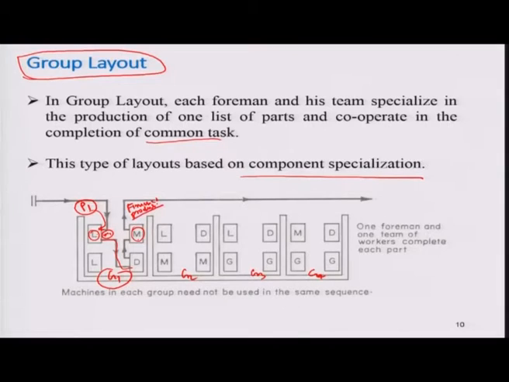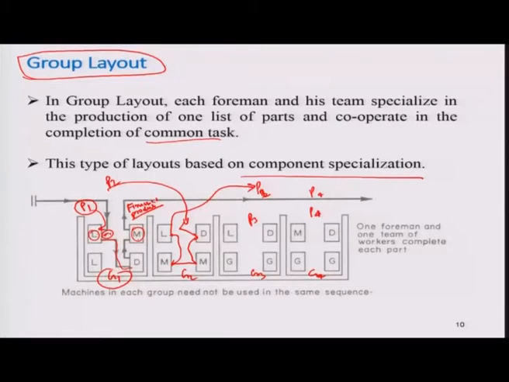Here again part P2 will enter this place like this one, then it will be done, and again this one will enter the lathe, and after that it will be taken out. So here you can see that all family parts P1, P2, P3, P4 are processed in parallel with a similar number of human beings as compared to functional layout.